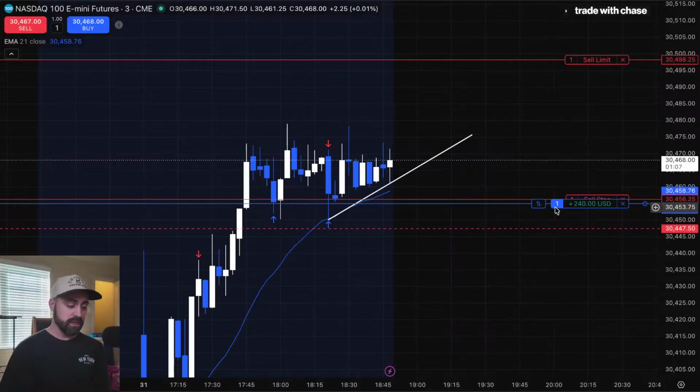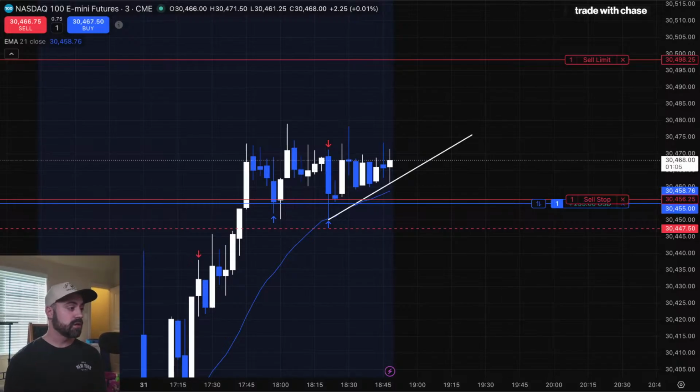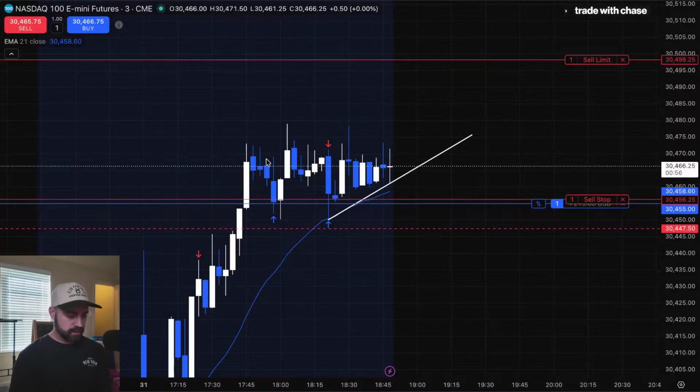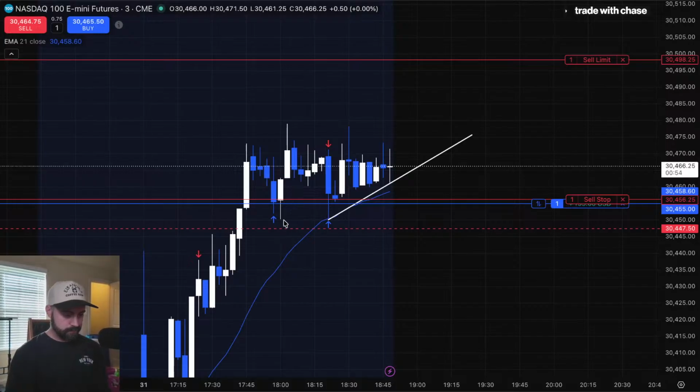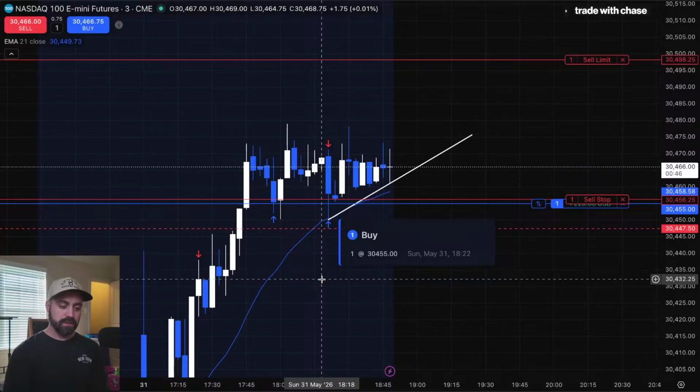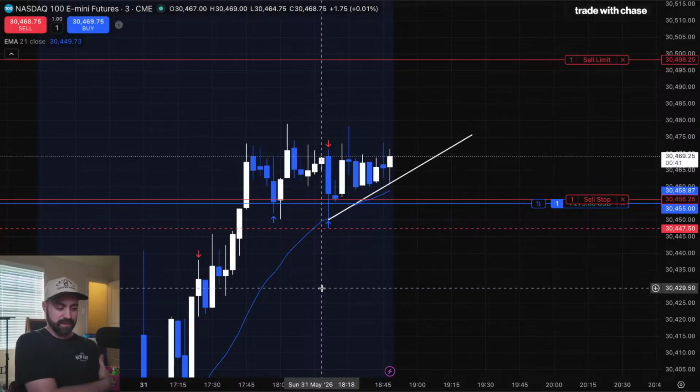I don't think I've been in a trade this slow and this long in quite some time. Does it tell me how long this has been going? We got in right here at 18:22, so 30 minutes basically.